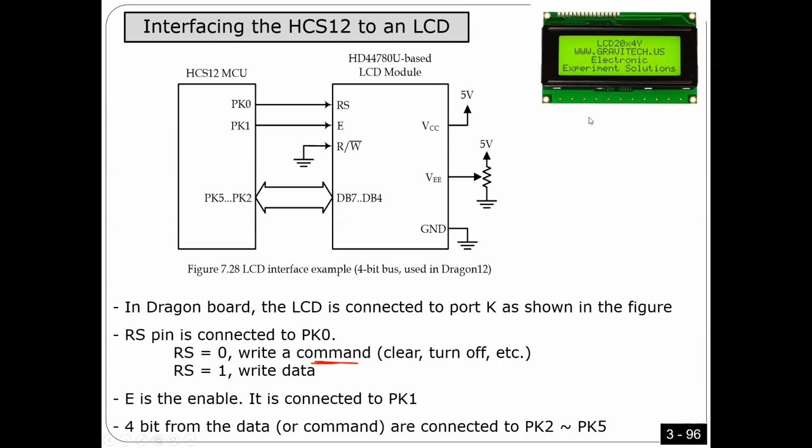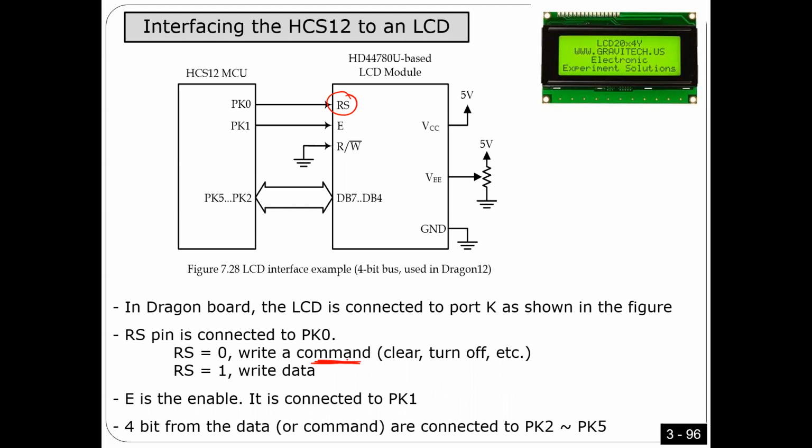Okay, guys. So what I'm saying is that's why we have RS here. This RS should tell the LCD if you are going to send a command or data. That's it. Okay, to remove any confusion, because the same number can be ASCII data for a character, or it can be a command. You got what I'm saying? So very simple.